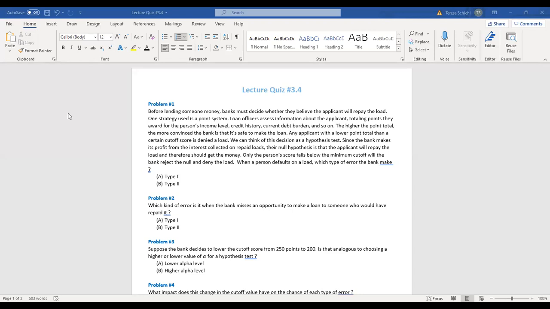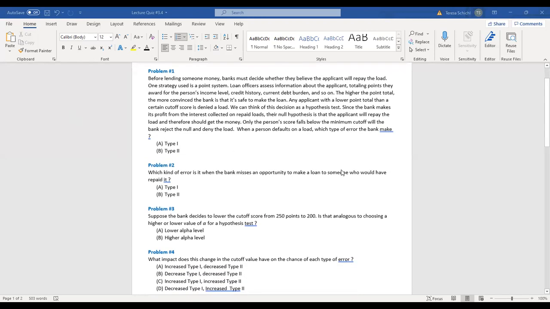Before lending someone money, a bank must decide whether they believe the applicant will repay the loan or default on the loan. One strategy is to use a point system. Loan officers assess information about the applicants, totaling points awarded for each person's income level, credit history, current debt burden, and so on.